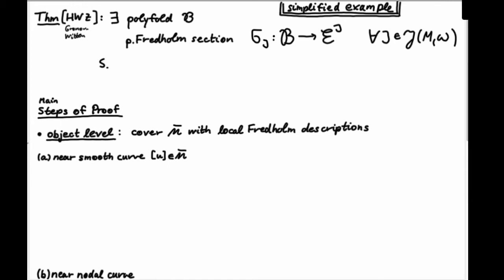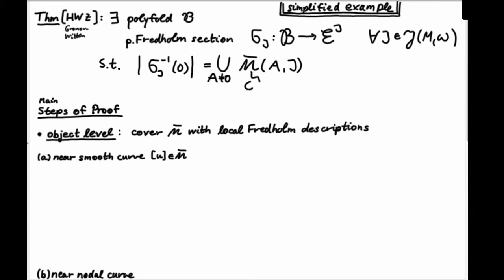So the realization of the zero set should be my generalized compactified Gromov-Witten moduli spaces, and I think we usually label them by a homology class A, and I'd like the non-zero ones. So then all of these will be the Gromov compactifications of holomorphic spheres.